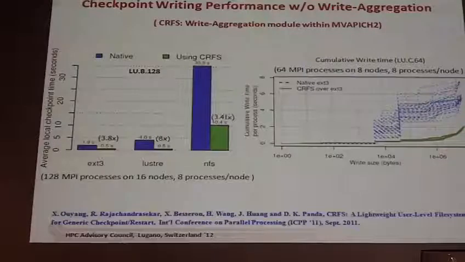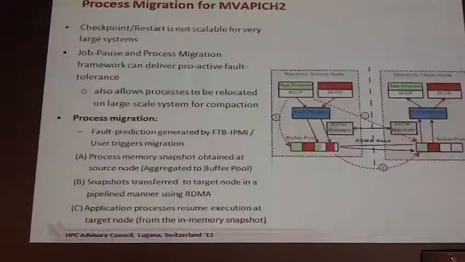We have an aggregation file system called CRFS, and if you turn that on, you will see a significant benefit. The blue line is the common one, and the green line is our new stuff. We have done a lot of detailed study. You can see that through this, even to the file system, we are trying to reduce the accesses. We are trying to make it much more concentrated, and this is where we see the benefit.